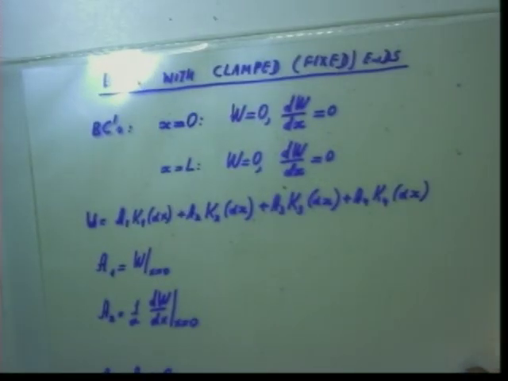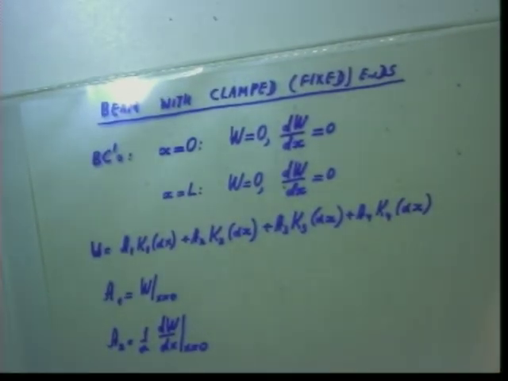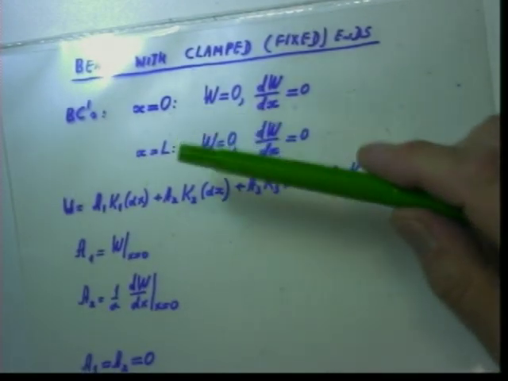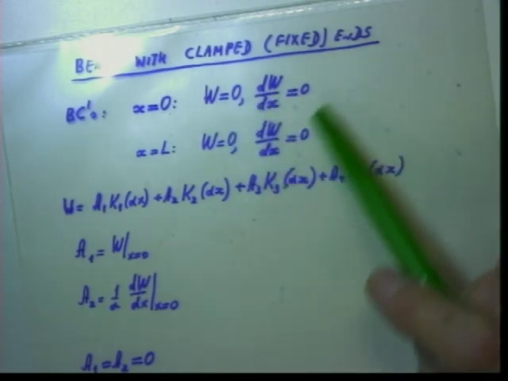So then we will deal with the beam that is clamped or fixed at both ends. So boundary conditions are at x equals 0, function and first derivative equal 0.